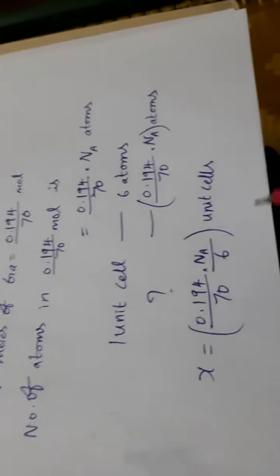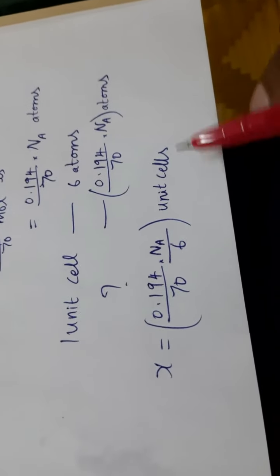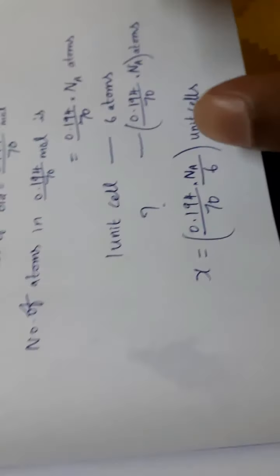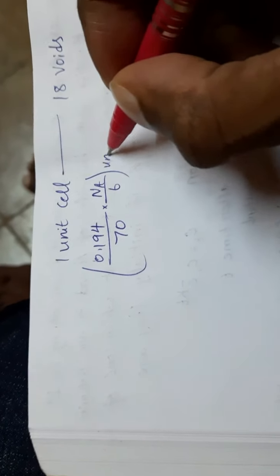We have how many unit cells now? These many unit cells are there. In these unit cells, how many voids are there? 0.194 divided by 70 into Na by 6 unit cells contain how many voids?